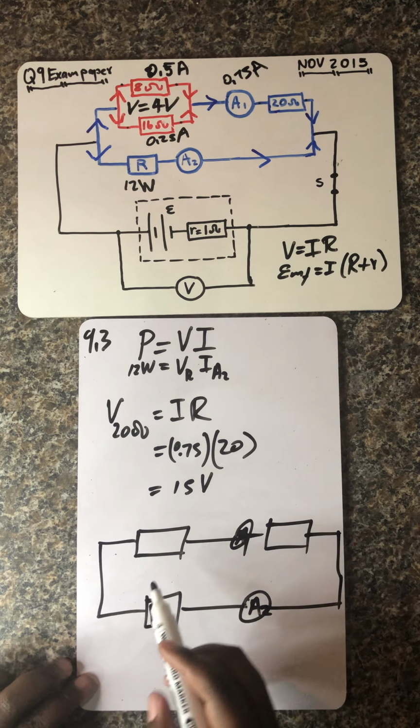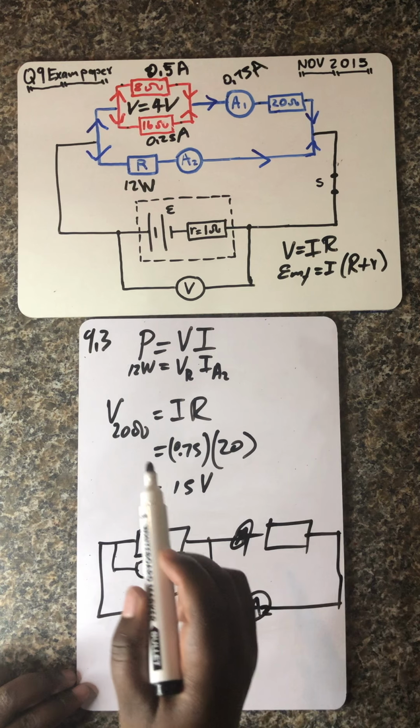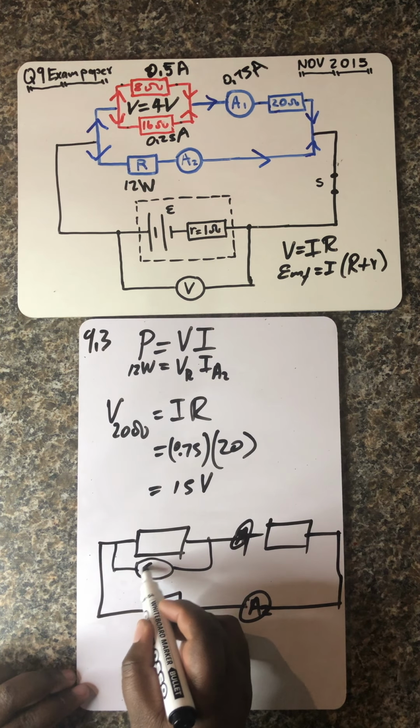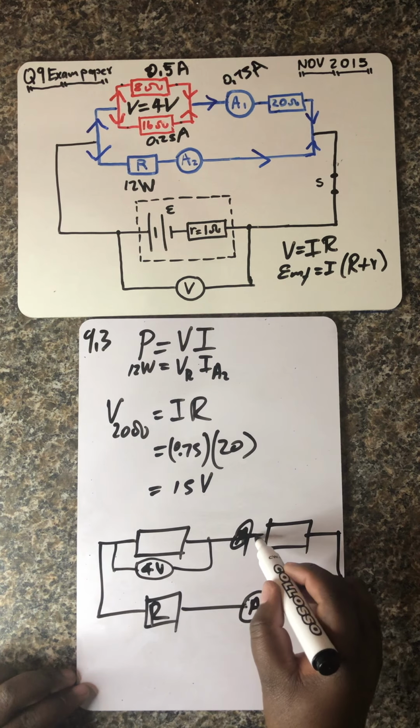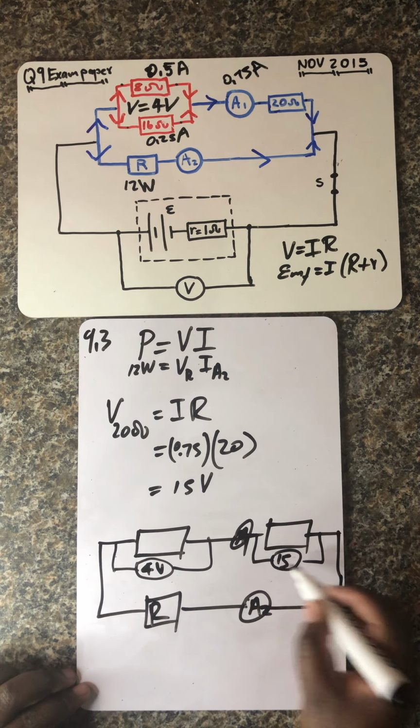Okay, so we know, guys, that V there, we just calculated it, isn't it? How much was it? It was 4V. Can you see there? That V was 4V, right? We just calculated this V now. It's 15V.